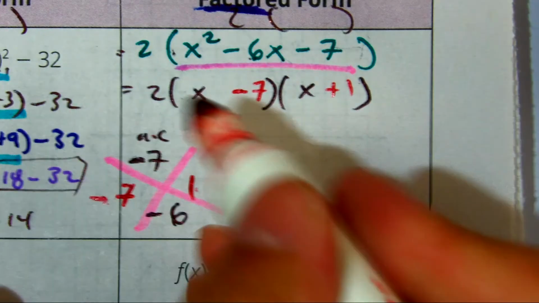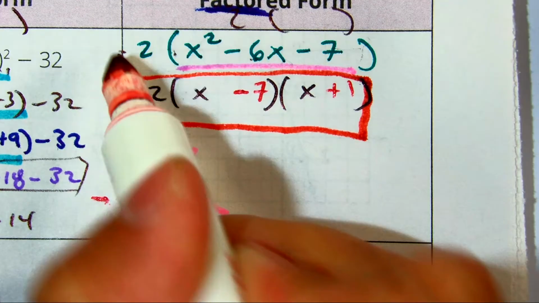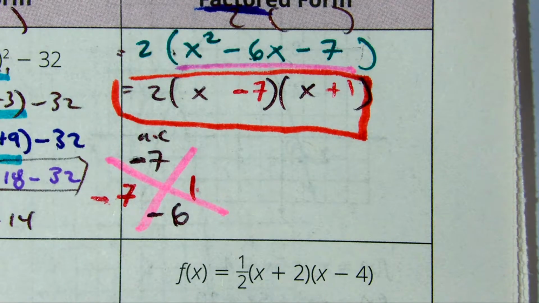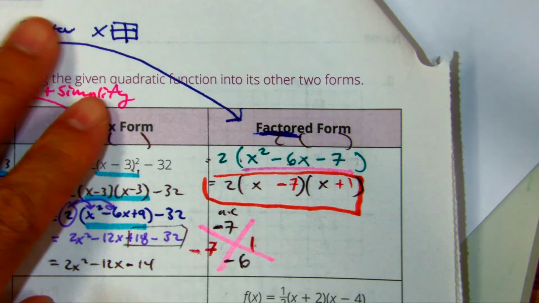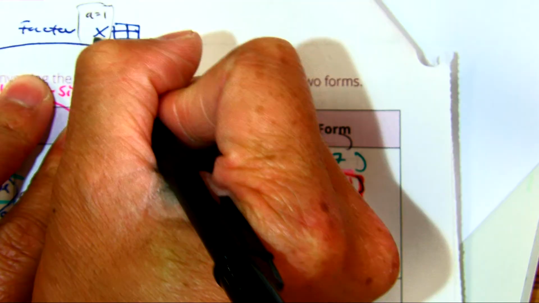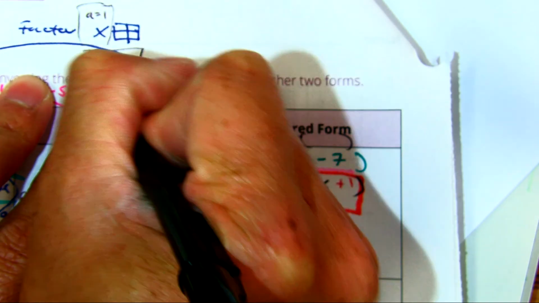Now you might be asking, how come I didn't use the box? What's the trick? You only have to use the box when the A value is greater than 1. When A is 1, you just have to use the x. So you do both. Okay?